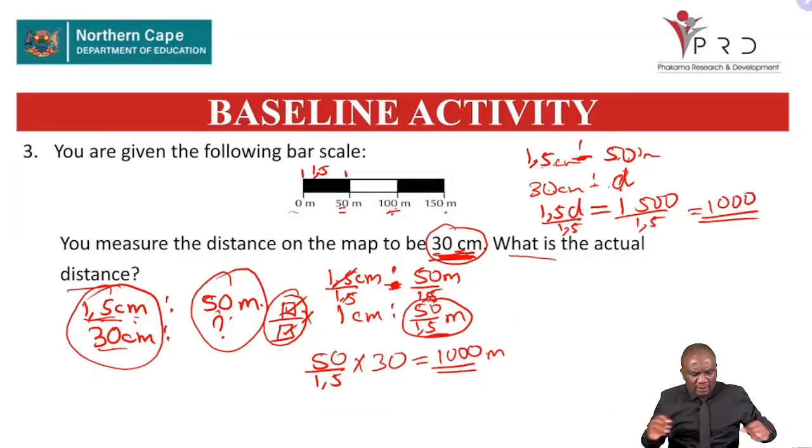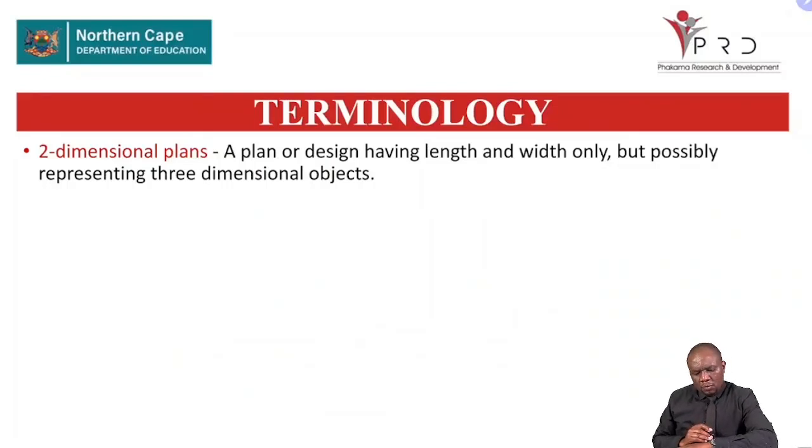Okay? Right. Now, we want to understand the floor plans or plans. Could be a plan of a building, a stadium, can be anything, right? So what are two-dimensional plans? When I'm saying something is two-dimensional, what does it mean? It is two dimensions.